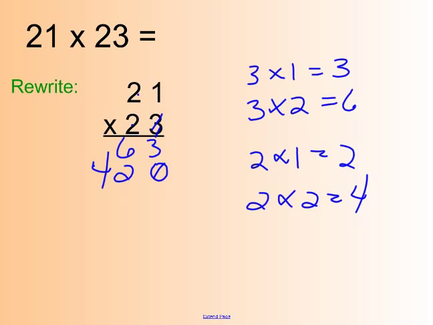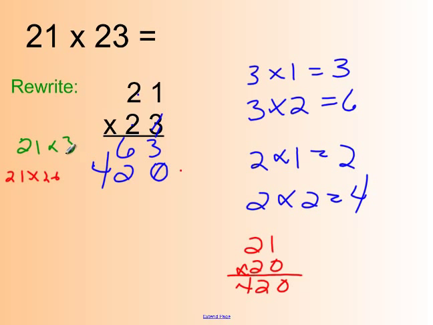If we take a look at it, 21 times 20 is really 420. That's where we got the answer right here. This is really 21 times 20. The 63, let me change colors, is really the answer to 21 times 3. Okay? And we said 21 times 3 was 63.